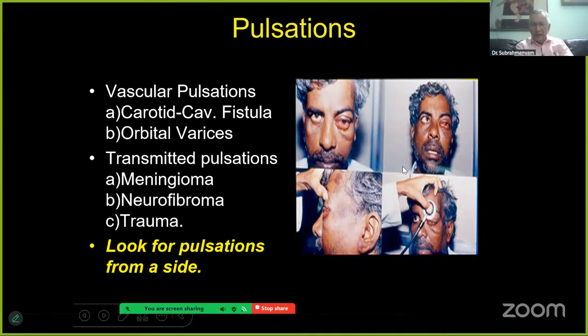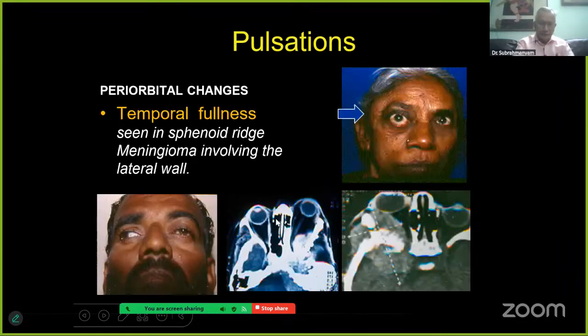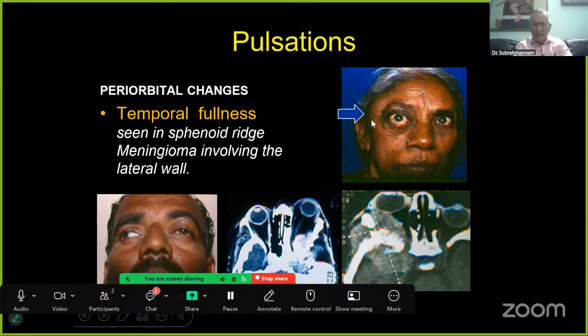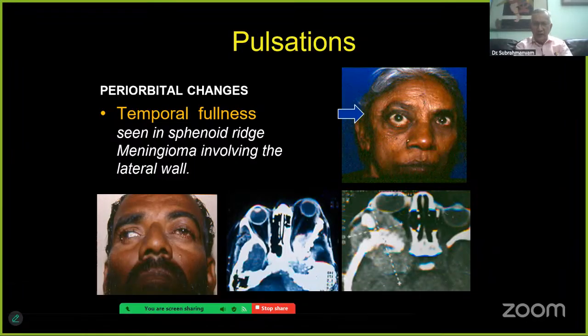This is a case of carotid cavernous fistula, a pulsatile proptosis where a bruit can be heard, and you look for pulsations from the side, not straight on. Periorbital changes: pulsations can also occur as transmitted pulsations, as in the case of a sphenoid meningioma.